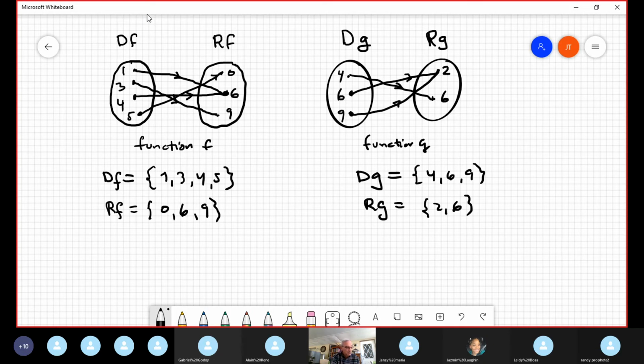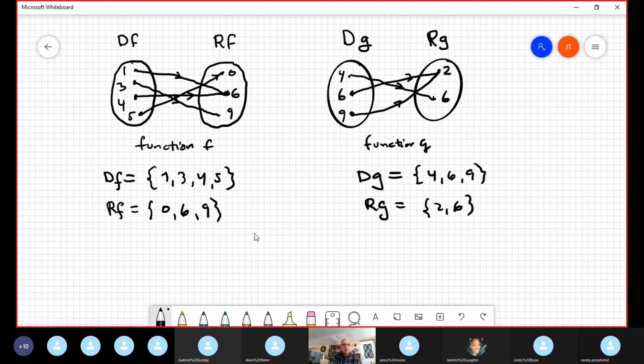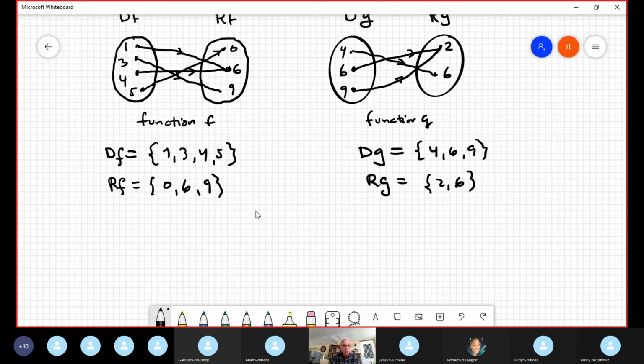Okay, now I want to compute g composition f evaluating 1. We have several questions, 1, 2, 3, 4 questions.